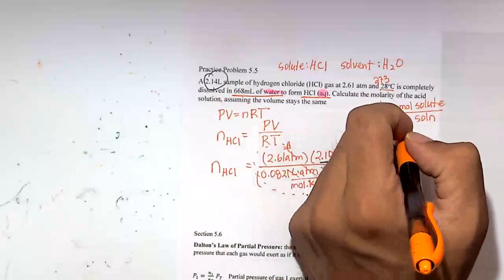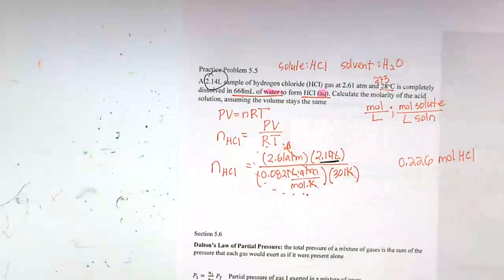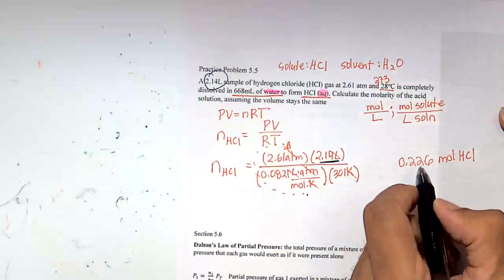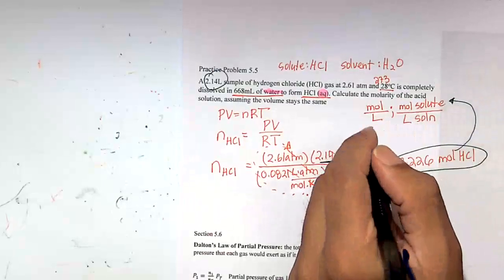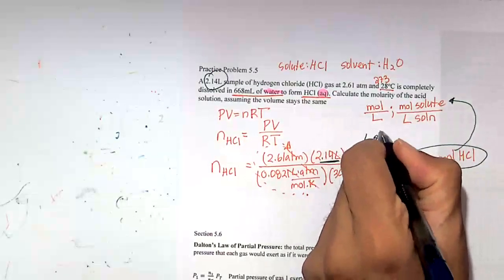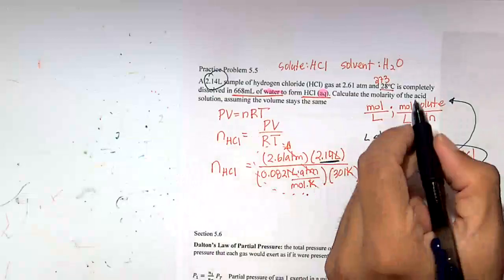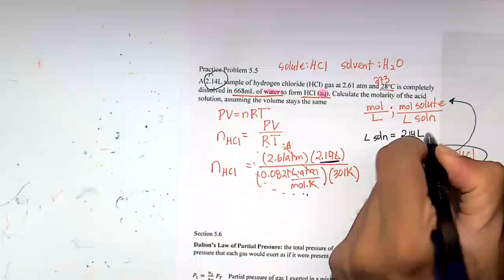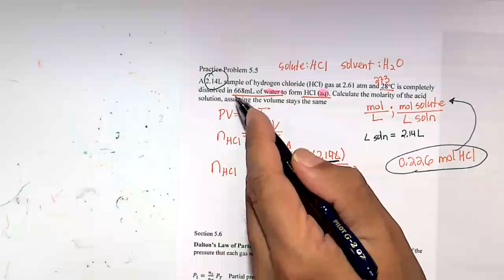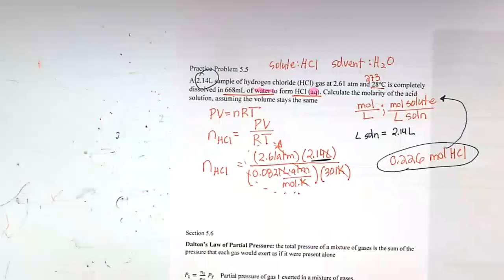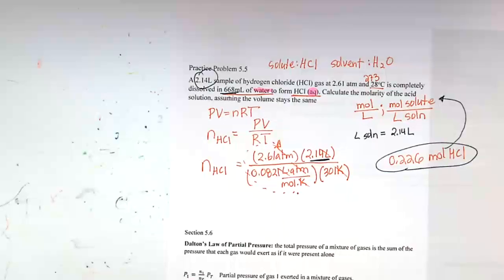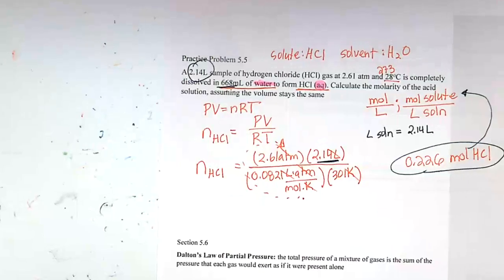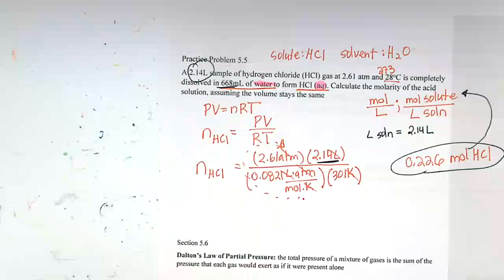Molarity is moles of solute, well, we got that here, over liters of solution. So what is our liters of solution going to equal? It's going to equal our 2.14 liters of solute HCl plus our 668 milliliters of solvent water. And let's convert that to liters.